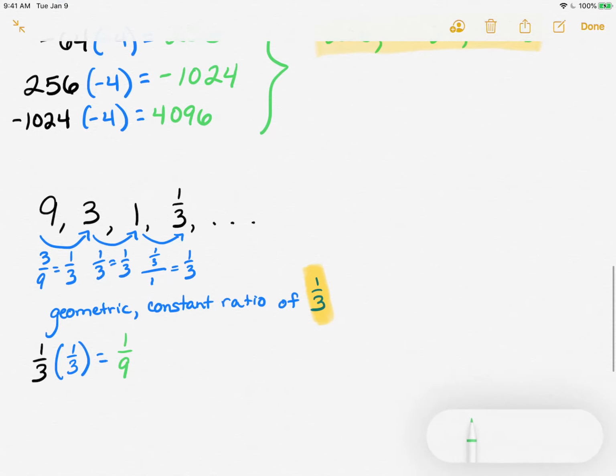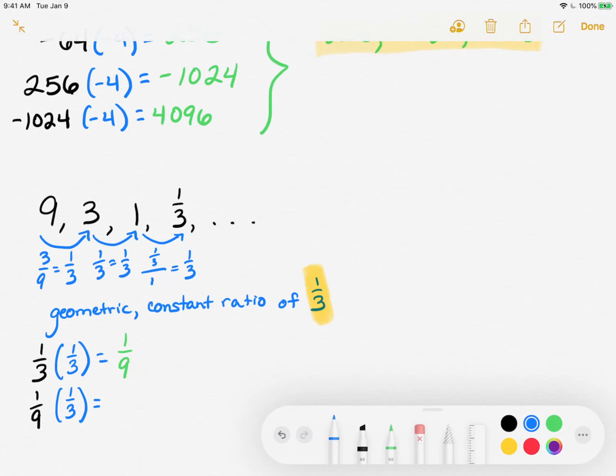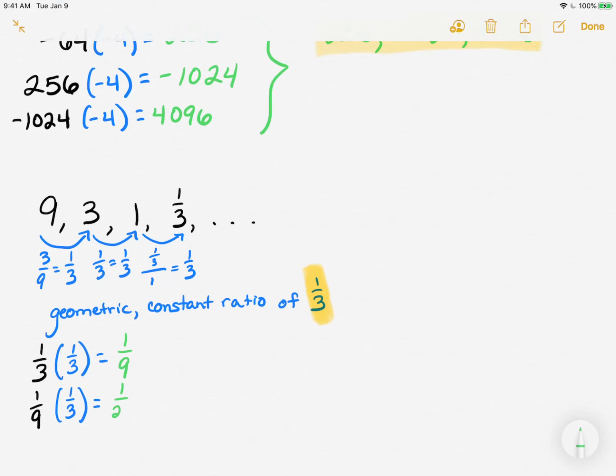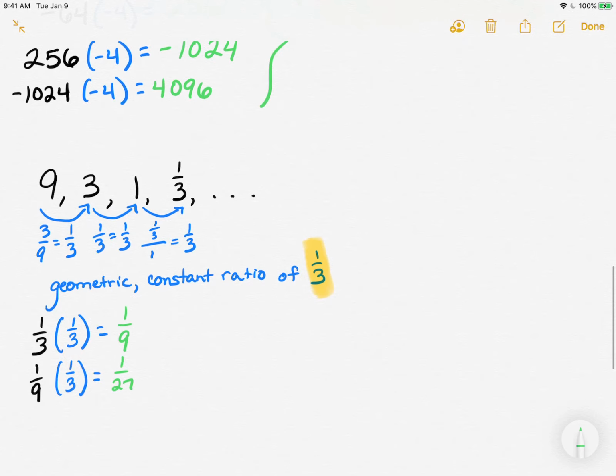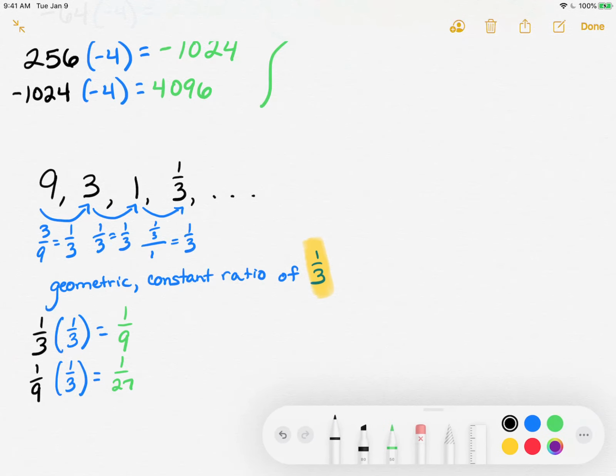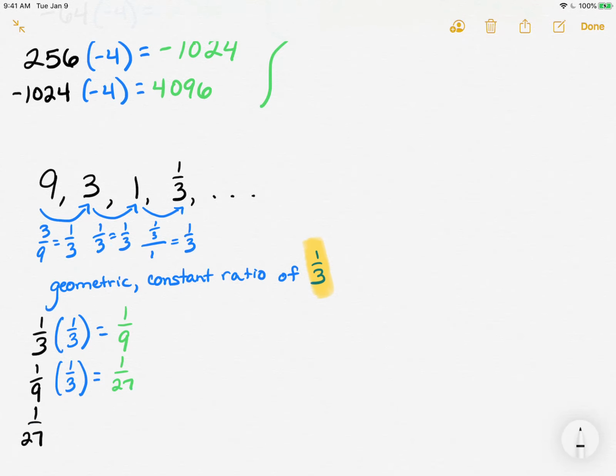All right, then I'm going to take that number, 1/9, and multiply it by the constant ratio of 1/3, which is going to give me 1/27. Again, if you're not super comfortable with fractions, using the calculator is okay. We'll only shame you a little bit for that.